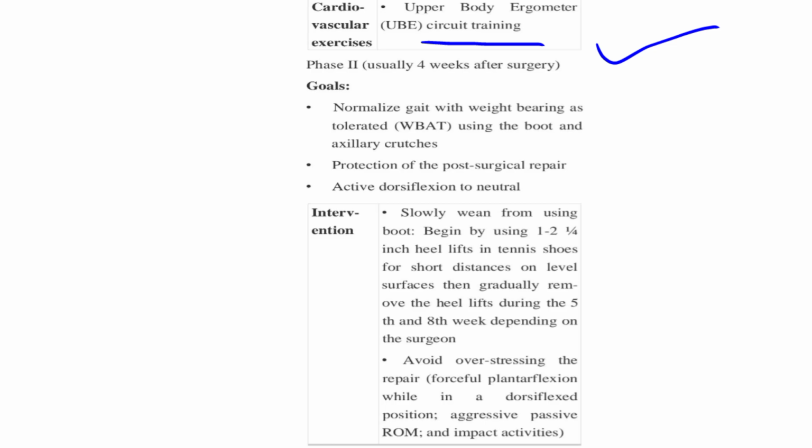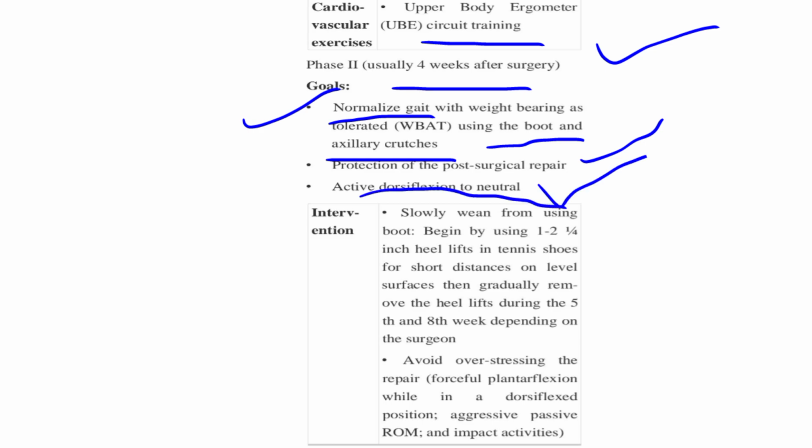In phase 2, after 4 weeks, the goal is to normalize the gait with weight bearing as tolerated using the boot and auxiliary crutches. Protection of the tendon and active dorsiflexion to the neutral position are essential.